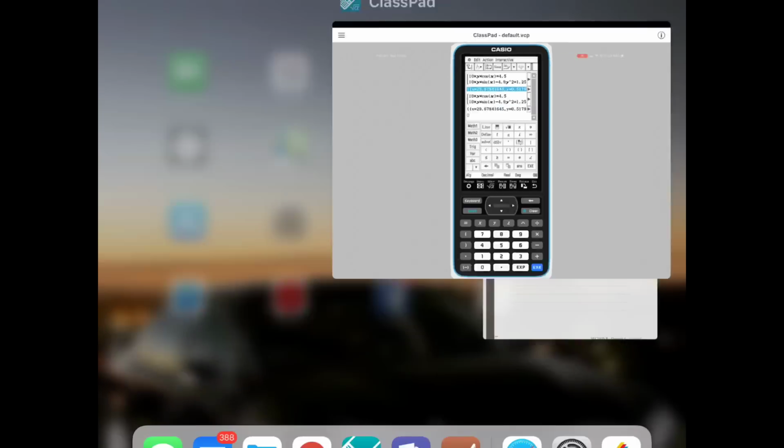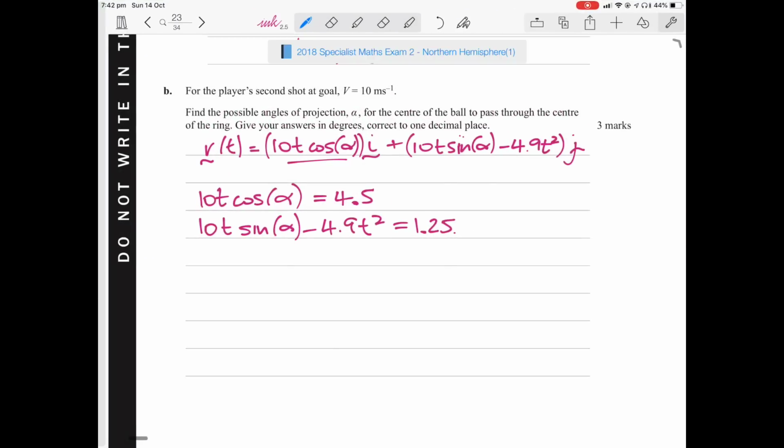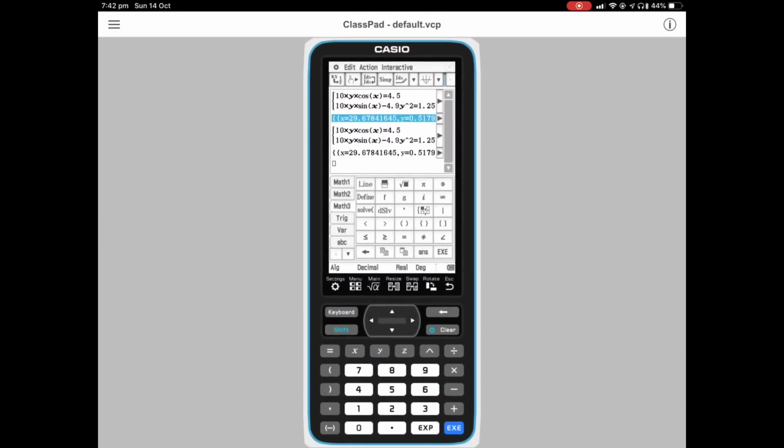What does it want the answer to? Alpha is equal to degrees to one decimal place. So 29.7 and 75.8.